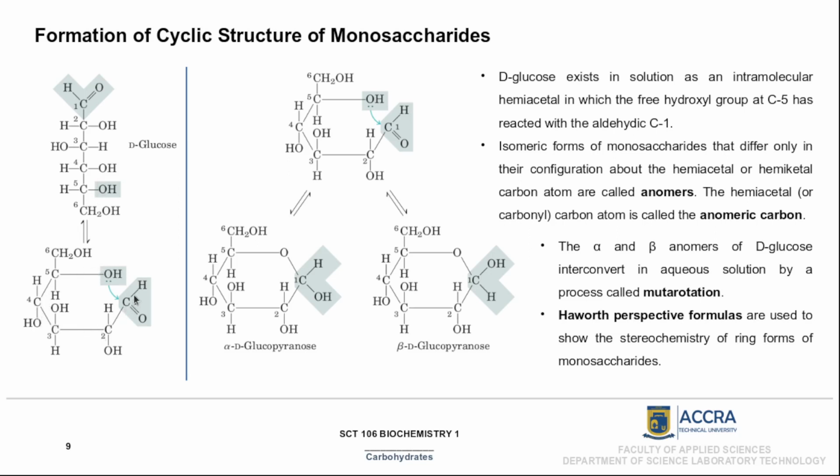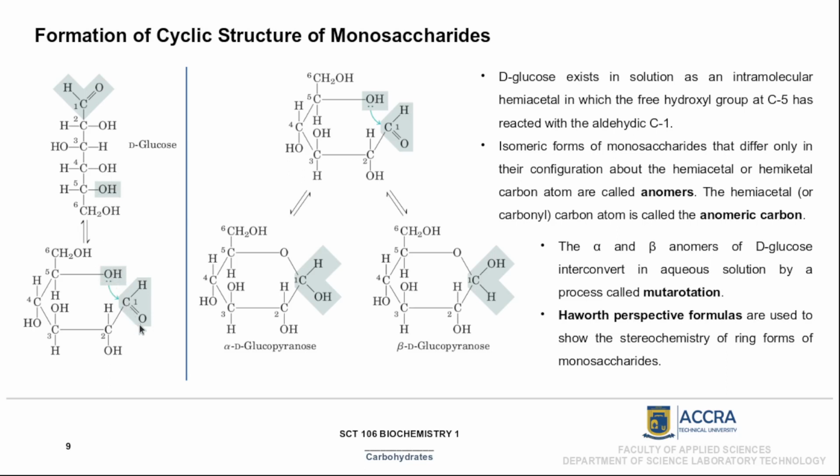So you have carbon 1, carbon 2, carbon 3, carbon 4, carbon 5, carbon 6. What you notice is that you have the aldehyde group here on carbon number 1, and the hydroxyl group shaded, this hydroxyl group on carbon number 5, coming close to each other.